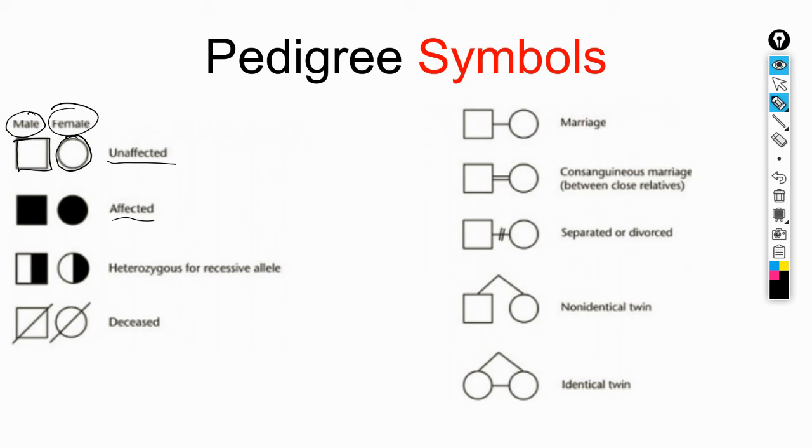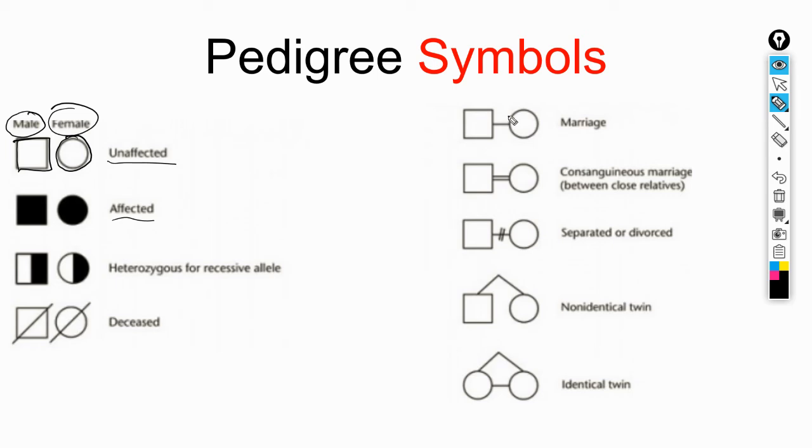For example, if we were looking at a pedigree that dealt with hemophilia or color blindness that you just learned about, and we had a square that was not filled in, we would say that we had a normal male or a normal female. Or if it was shaded in, we would say that we have a colorblind male or a colorblind female, or a hemophiliac male or a hemophiliac female, depending on the trait that we're looking at.